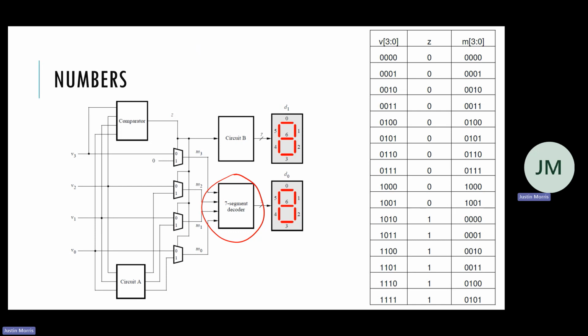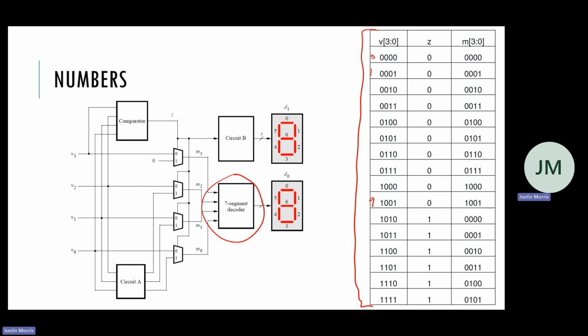And the rest of this circuit, you're going to be implementing based on this truth table. V is your input, the digit that you want to display, so this is 0, 1, all the way to 9.